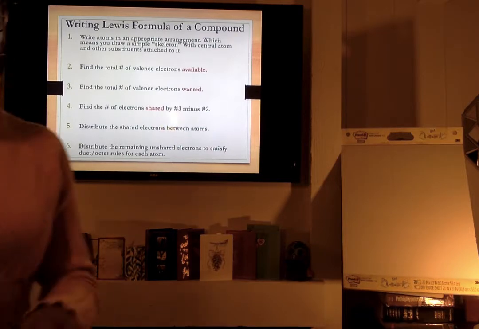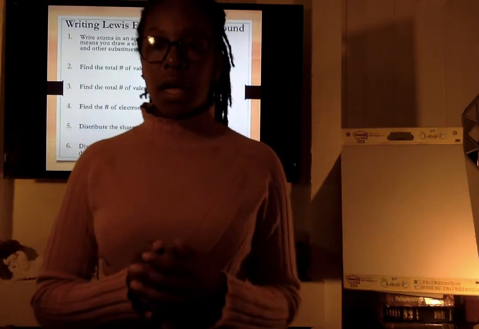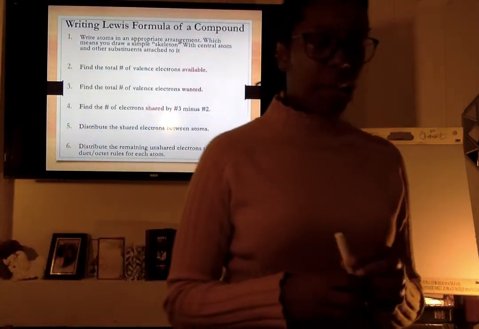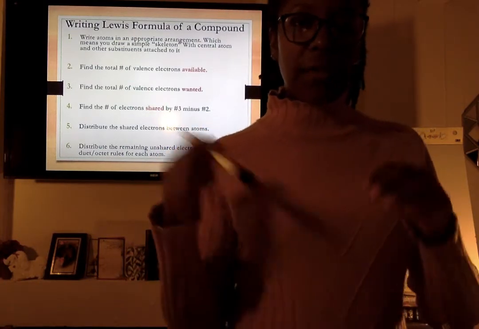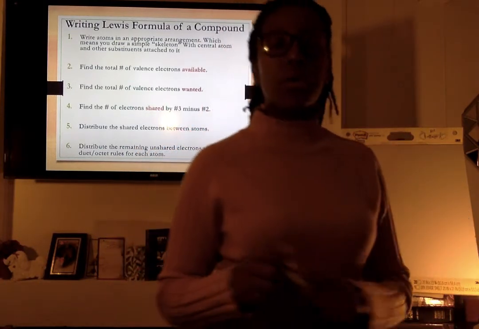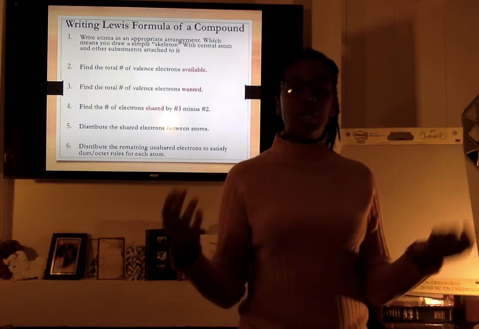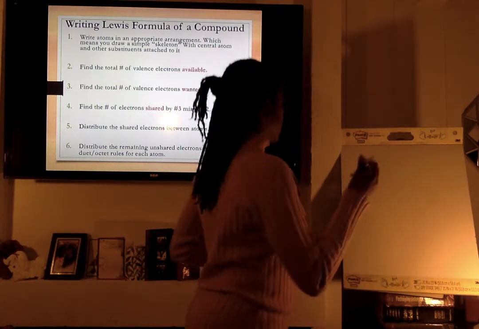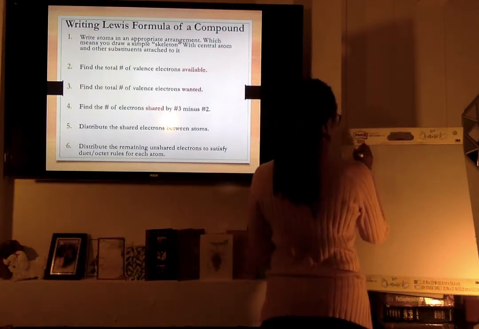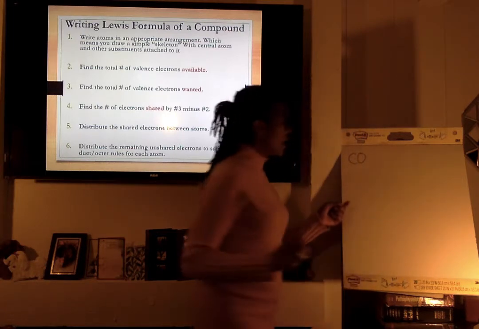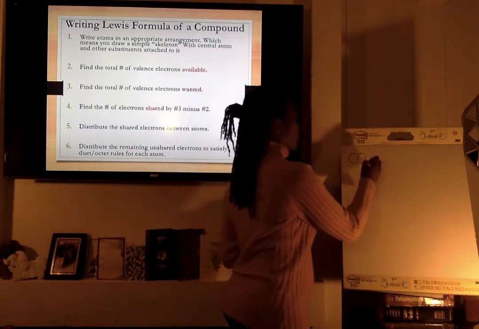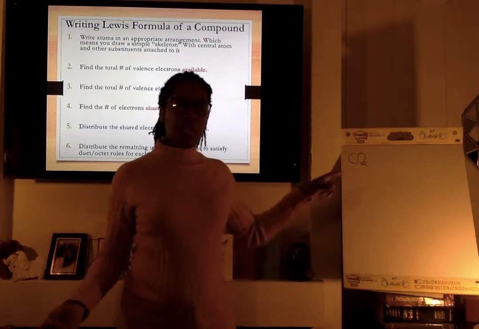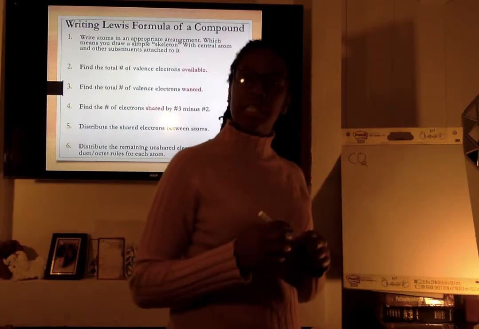Okay, so we're going to go over some common hints and tricks after this, but generally with your central atom, for instance, if you see carbon, like CO, or let's see, CO2. Generally, when you see carbon in a molecule, it's going to be the center atom.